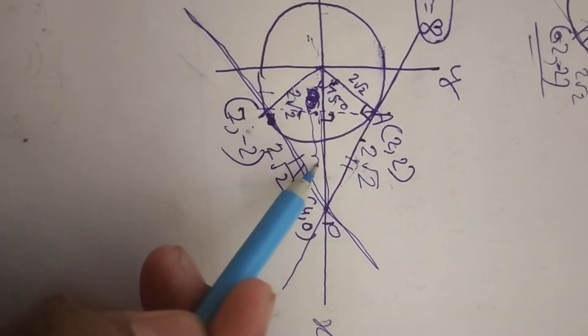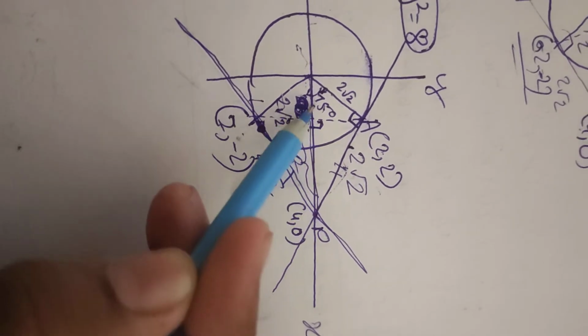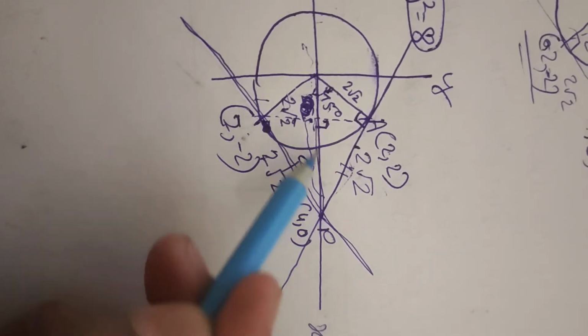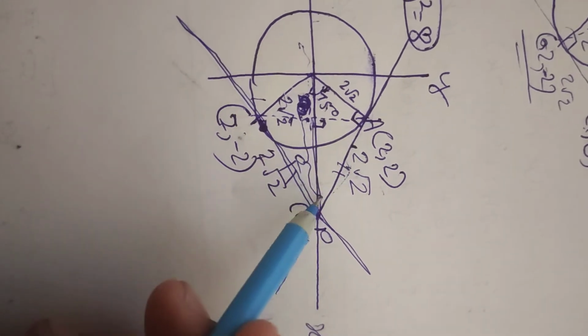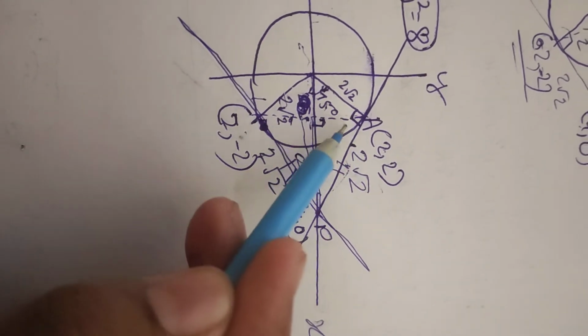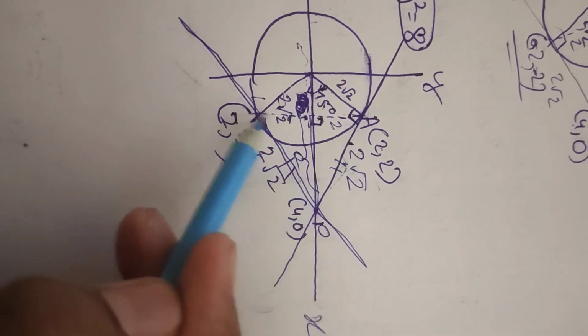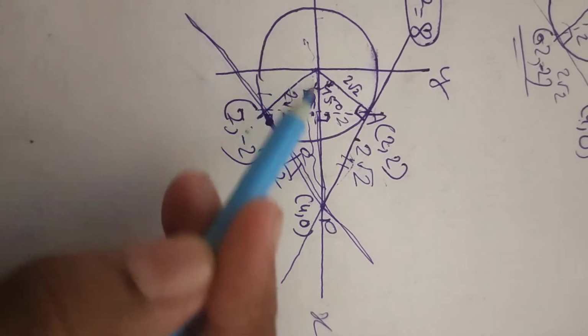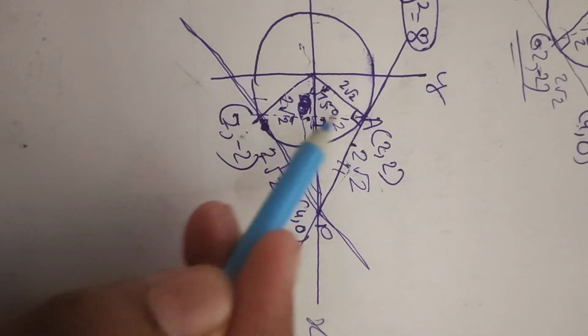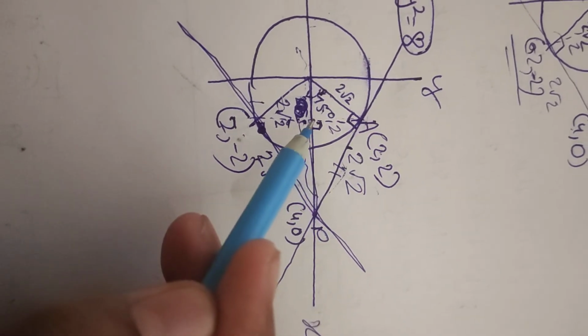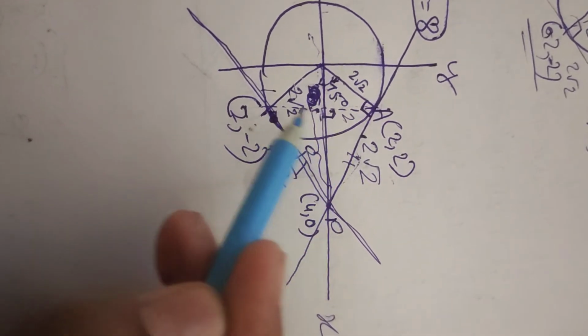This distance is 2, this is 2, this is 2 root 2, so obviously this distance will become 2, and if this becomes 2, then this whole would become 4, because we know this bisects the angle. So the distance from x-axis to this point is 2.